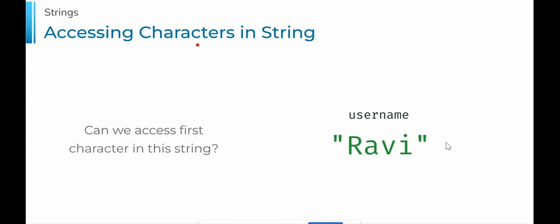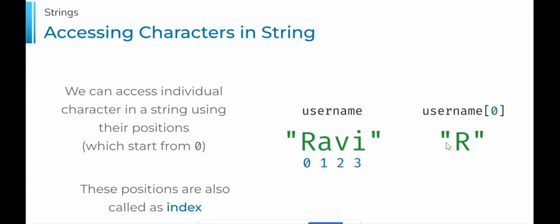Accessing characters in the string. There are many characters in a string. If we require a particular character, how can we find it? We can access the first character in this string. We can access individual characters using their position, which is called the index.